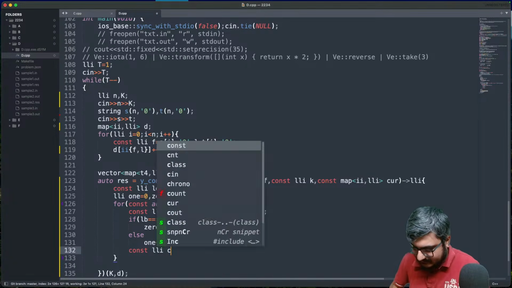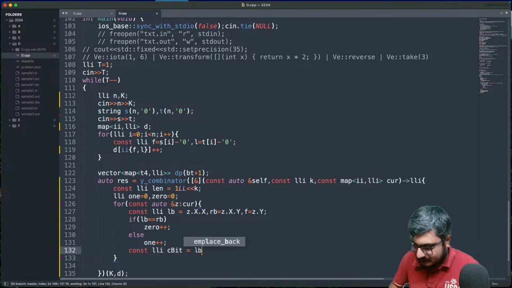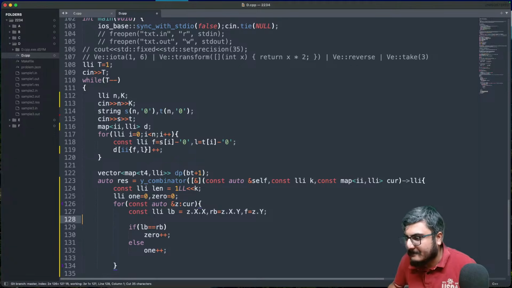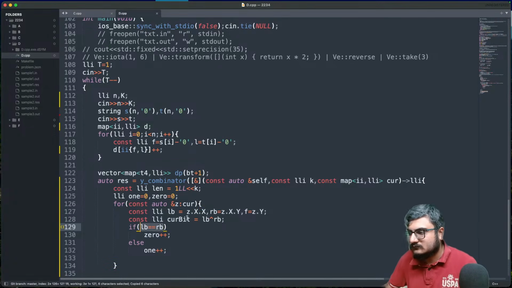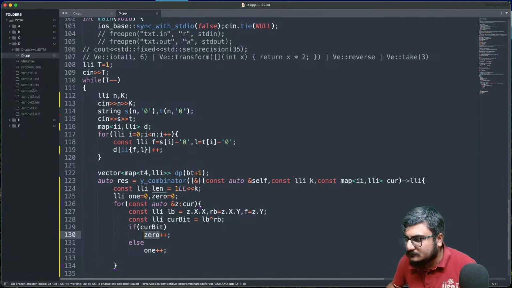Let's say current bit, which is left bit, right bit. Let me put it this way. And then I also maintain a similar map.